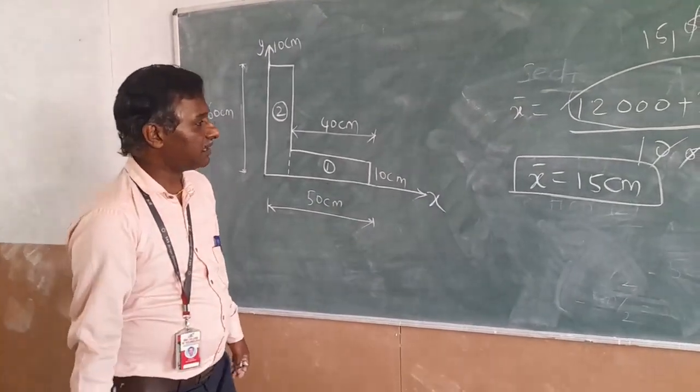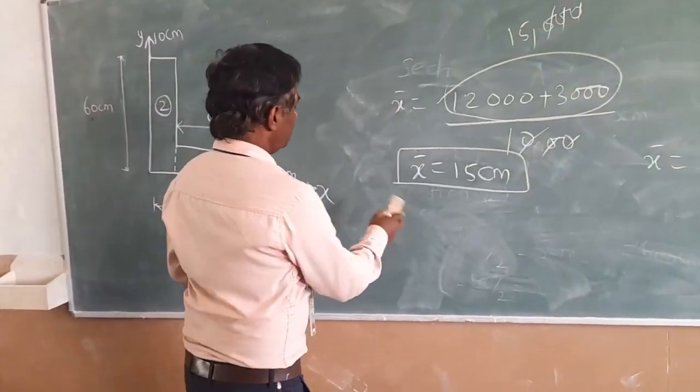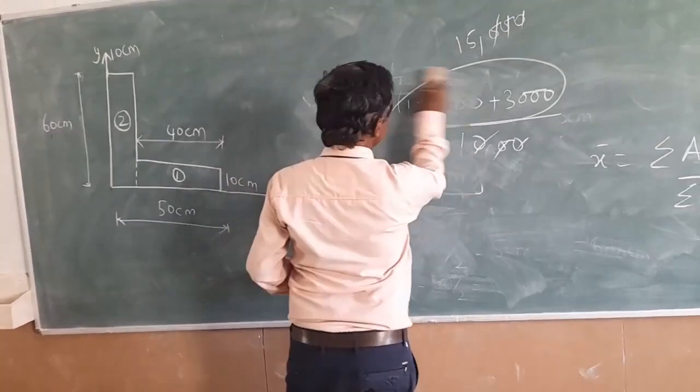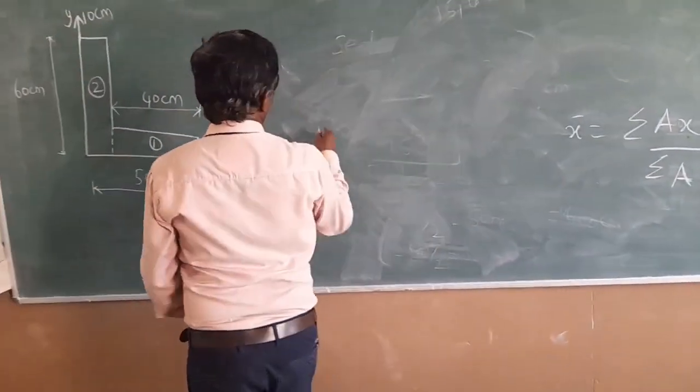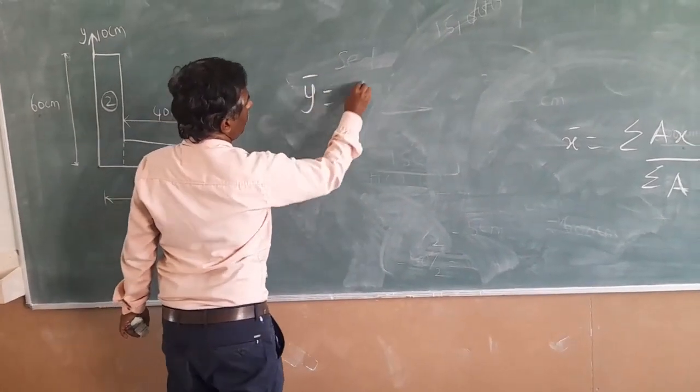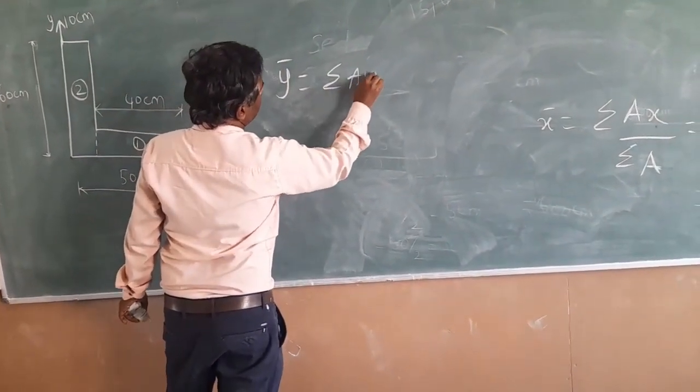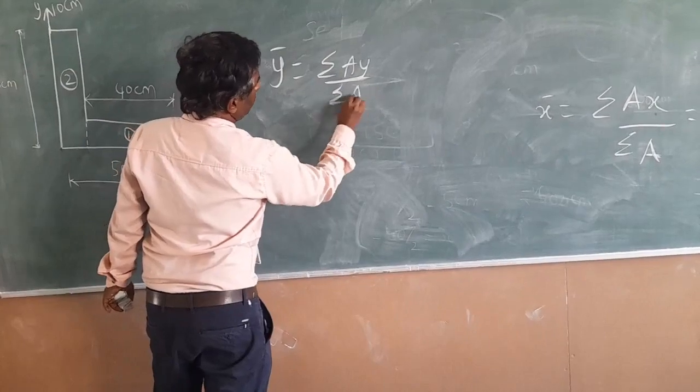Then what about the y bar? How can we find y bar? Same formula: sigma ay divided by sigma a.